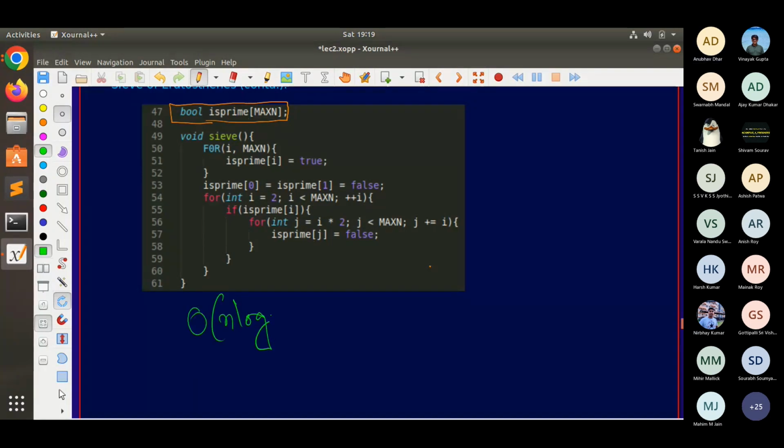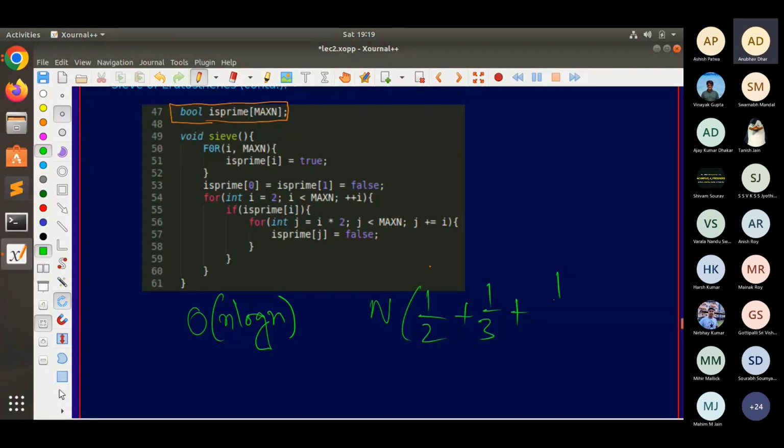Why order n log n? The inside loop is running for almost n by i times, and the outside loop, so it is n into 1 plus 1 by 2 plus 1 by 3 till. Something like this you are saying, right? Yeah.